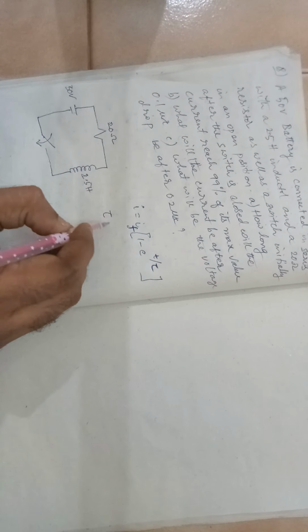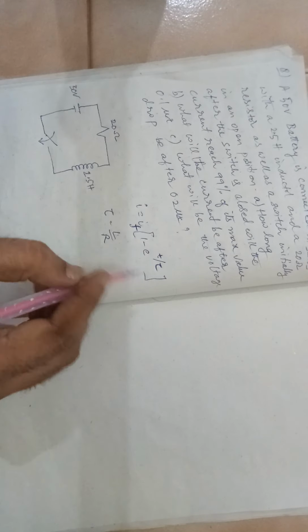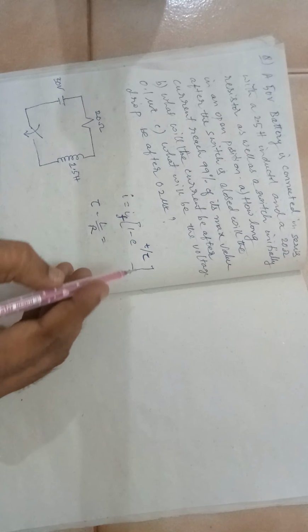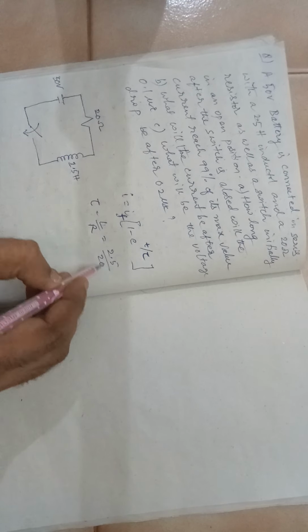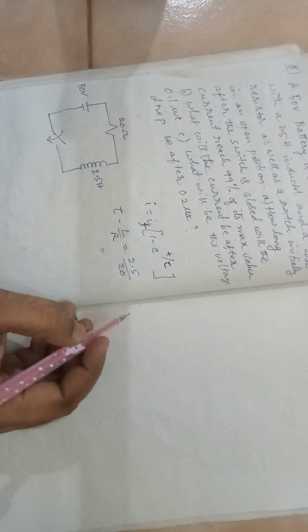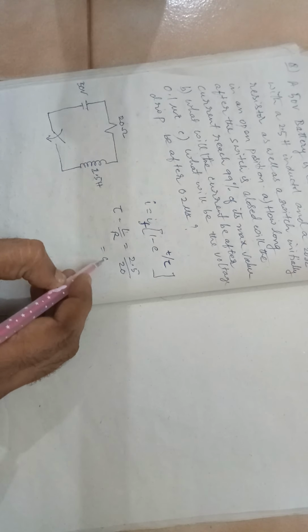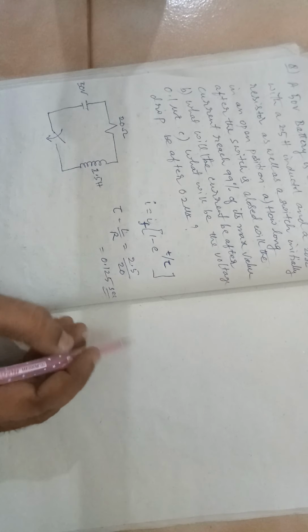Tau is the time constant. The time constant for an LR circuit, here they are connected in series, is L by R. It is 2.5 divided by 20, so it is 0.125 seconds.